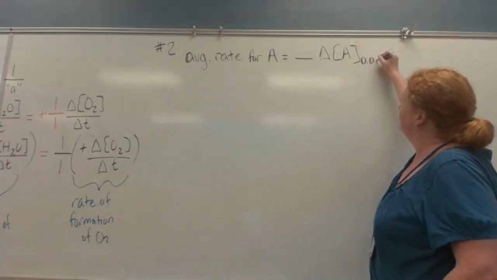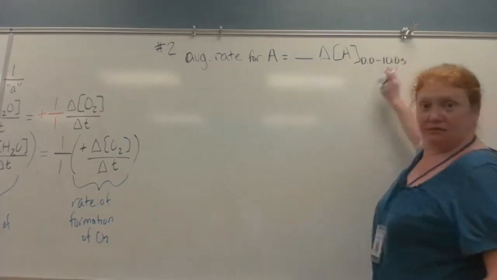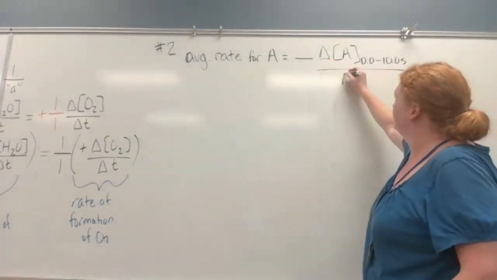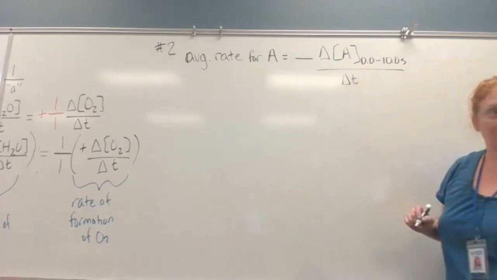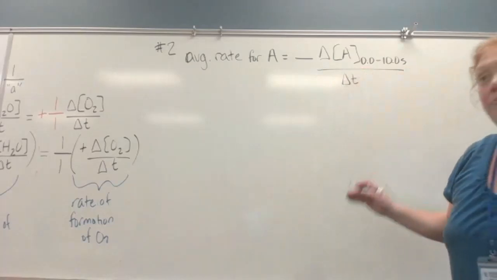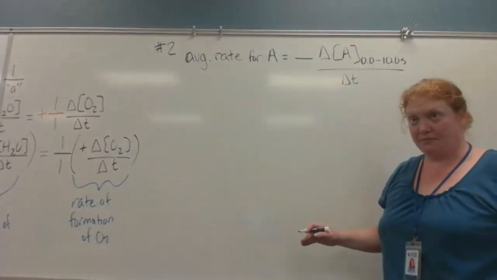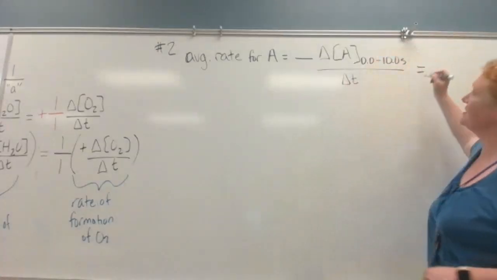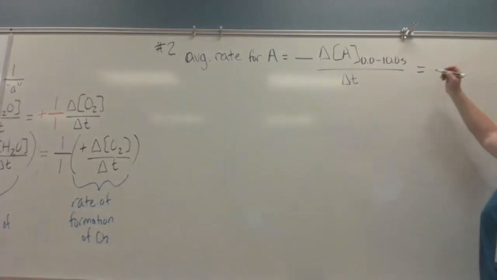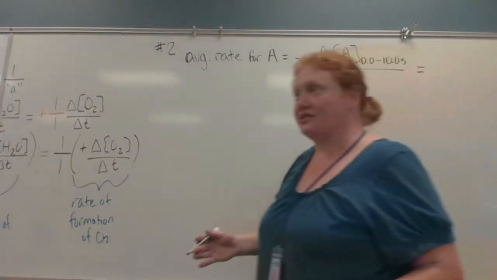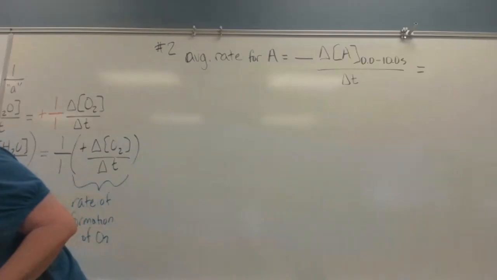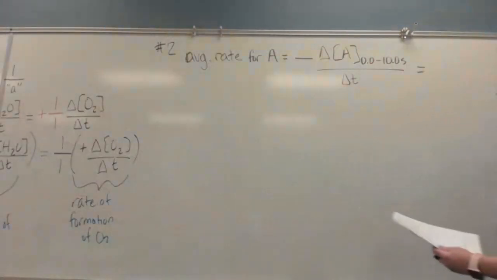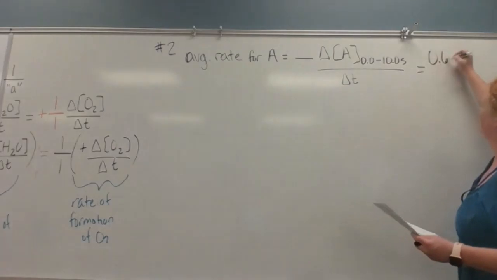From 0 to 10 seconds, right? Okay. Final minus initial, yes? What's my final? What is the concentration of A when it's 10 seconds into the reaction? 0.625, what unit? Molar.